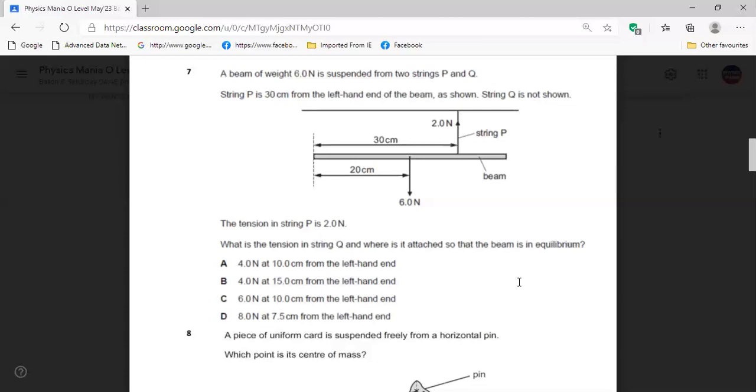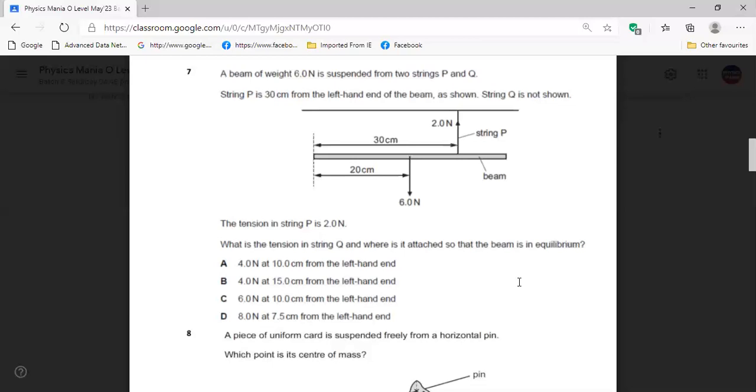You have two conditions for equilibrium, right? One is forces should be balanced and moment should be balanced. So these two conditions will help us get the answer.